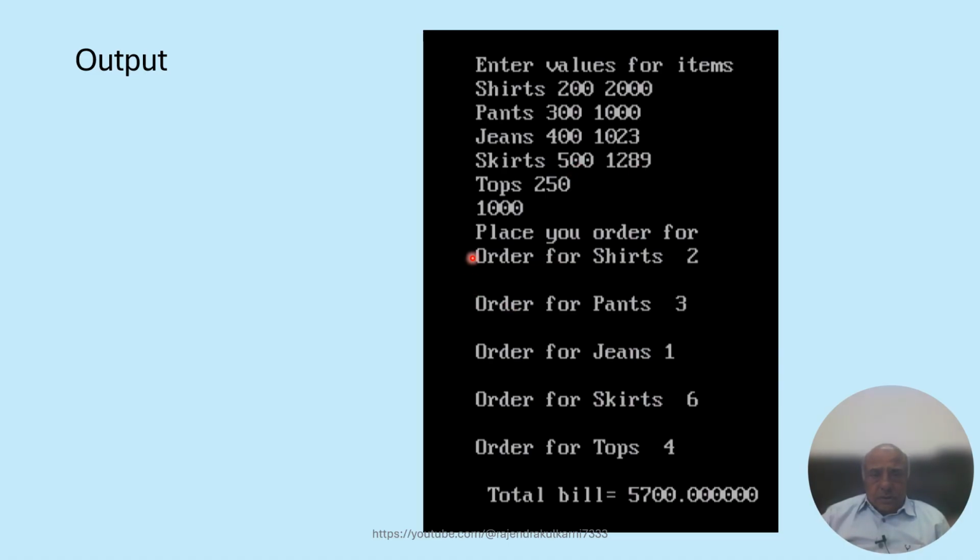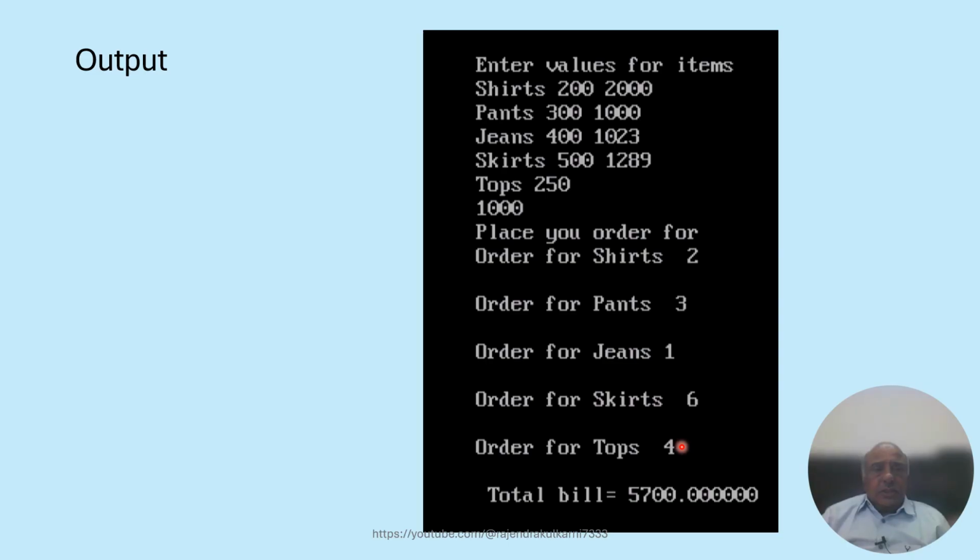Then as the program advanced and we called the function invoice, it asks the user to place the order for shirts. I ordered 2 shirts, 3 pants, 1 jeans, 6 skirts and 4 tops.